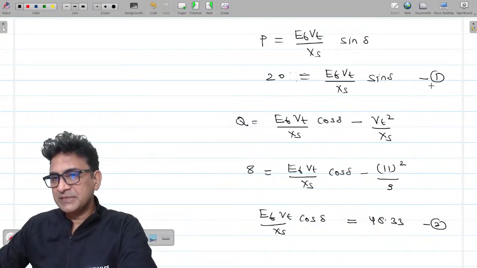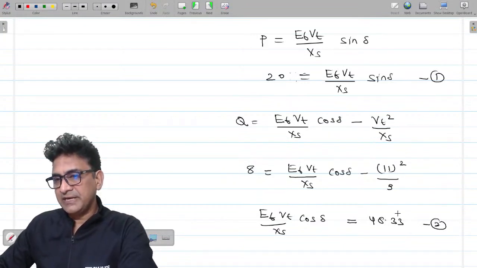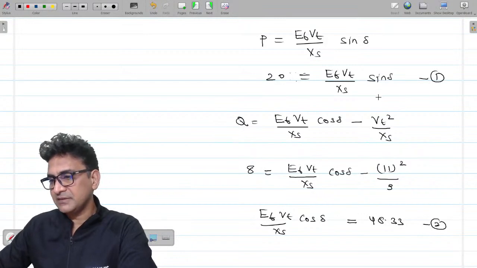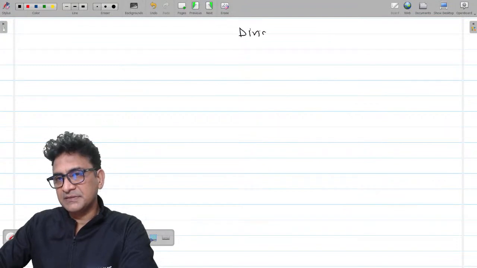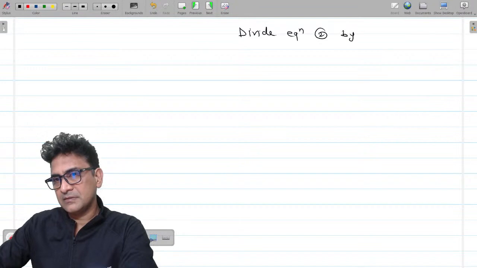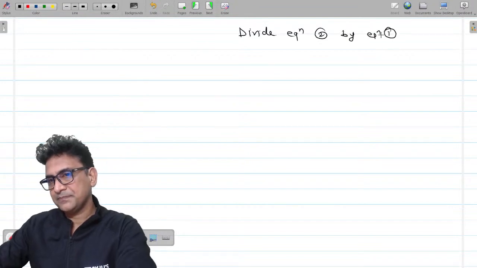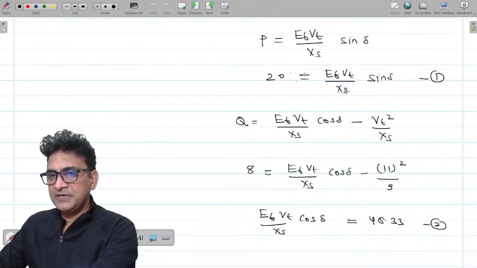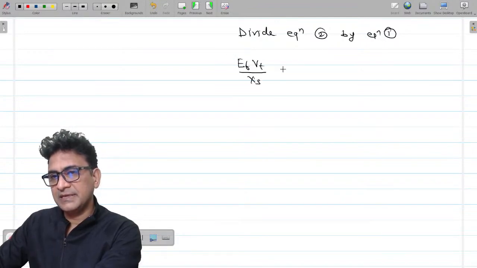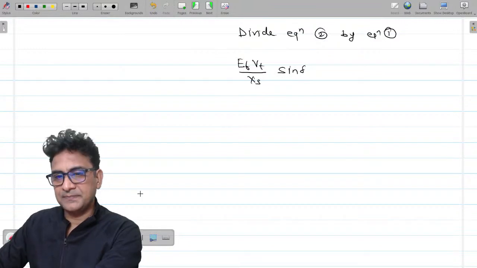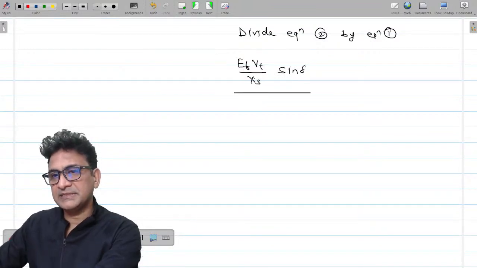So now we have equation number 1 and equation number 2. If I divide equation number 1 by equation number 2, EF VT by XS will be cancelled out. Actually it is EF VT by XS into sin delta divided by EF VT by XS into cos delta.